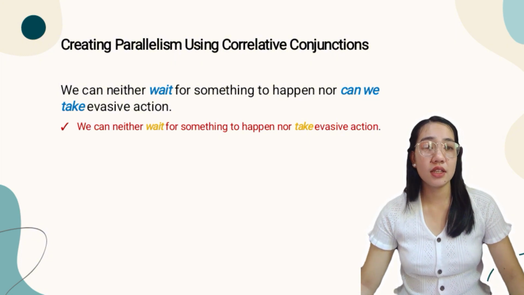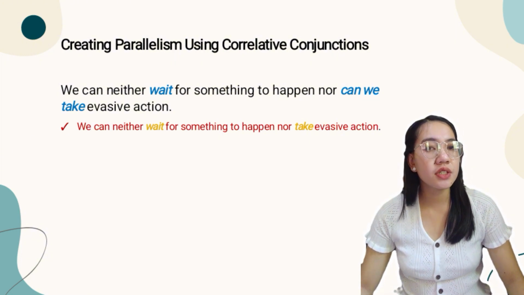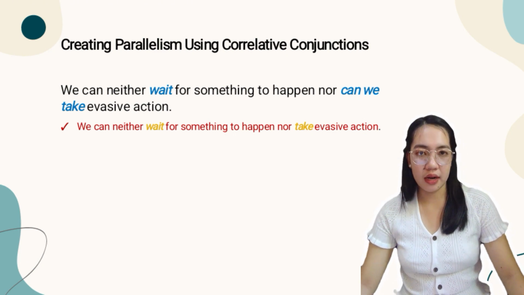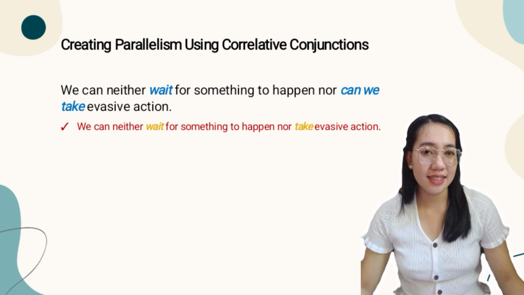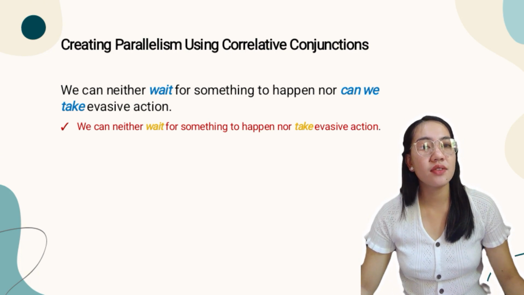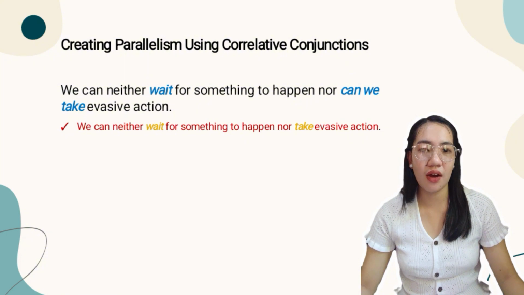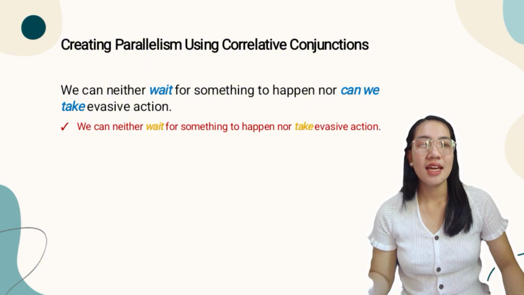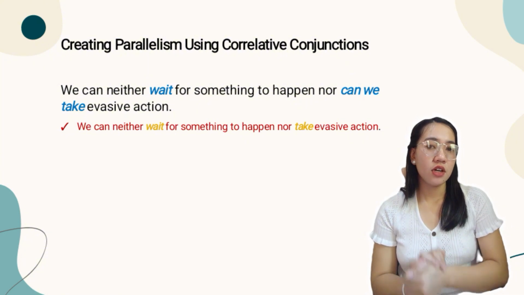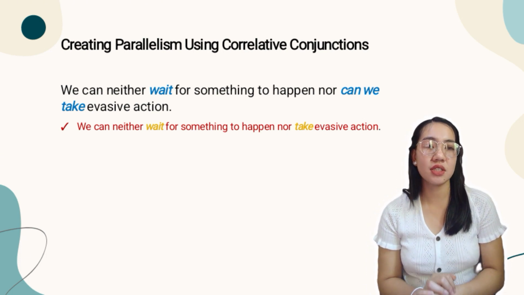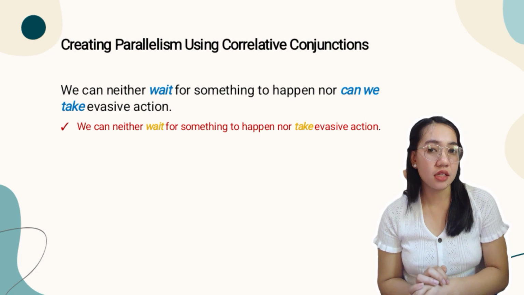When using a correlative conjunction, the words, phrases, or clauses following each part should be parallel. In the first sentence, the construction of the second part of the sentence does not match the construction of the first part. In the second sentence, omitting needless words and matching verb constructions create a parallel structure.